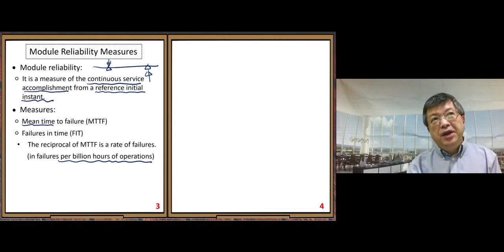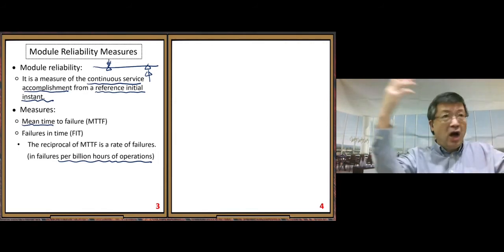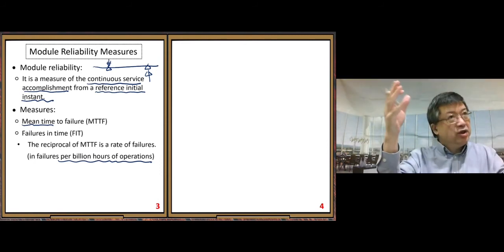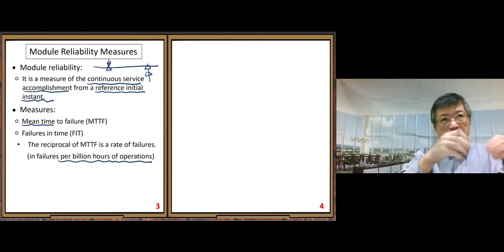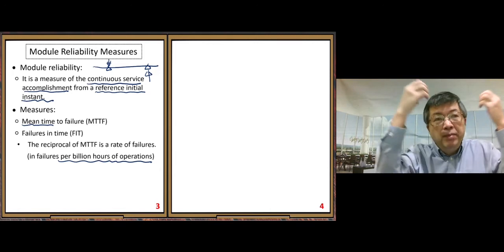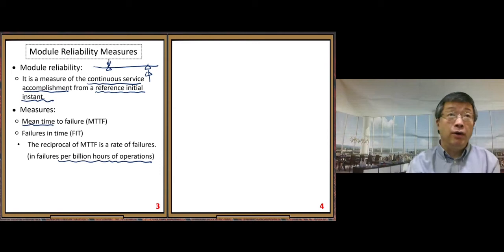So the idea is to do some conversion, change the unit to make that number look larger. We keep the same number, but we change the time period unit, so the number looks pretty big. When people see a big number, they won't ignore it.